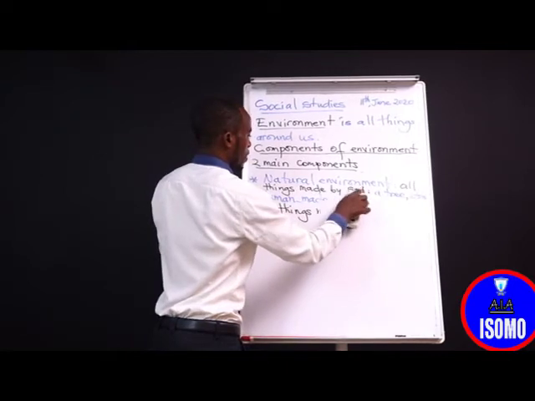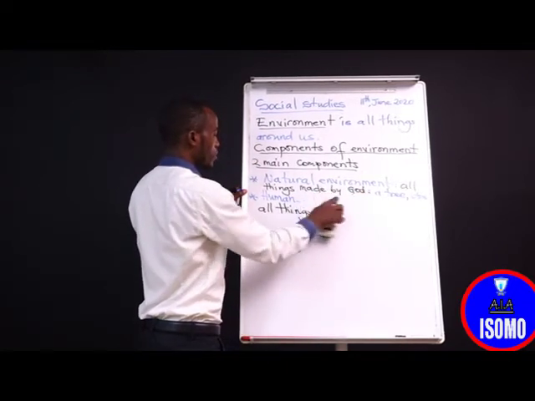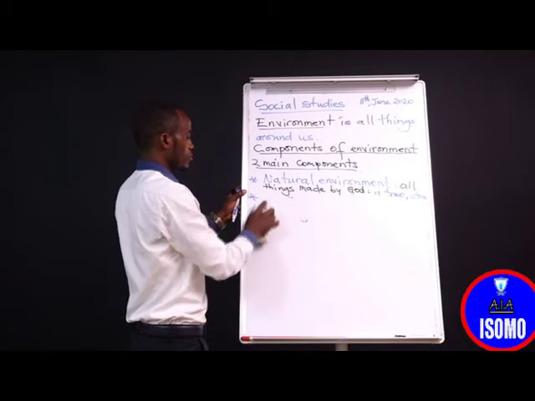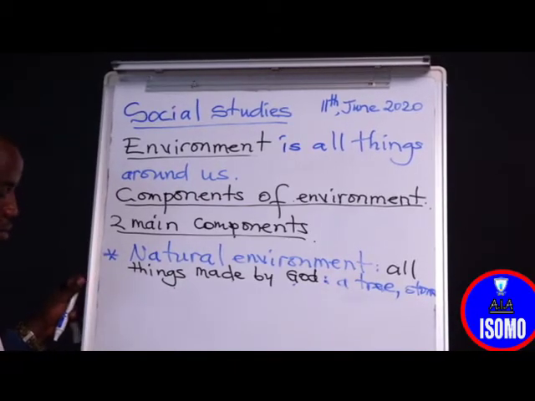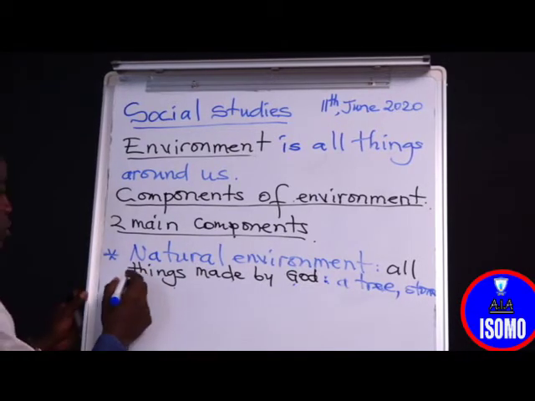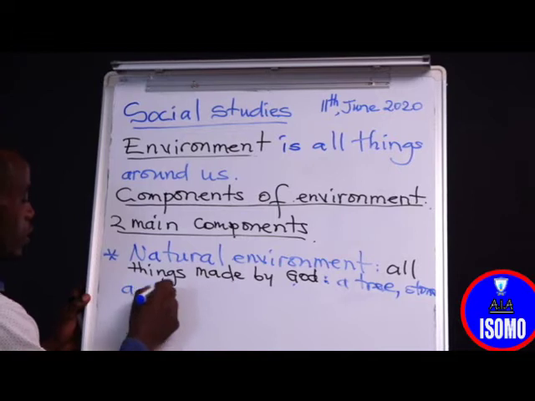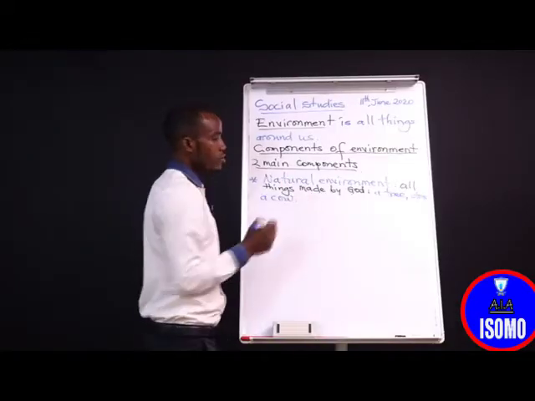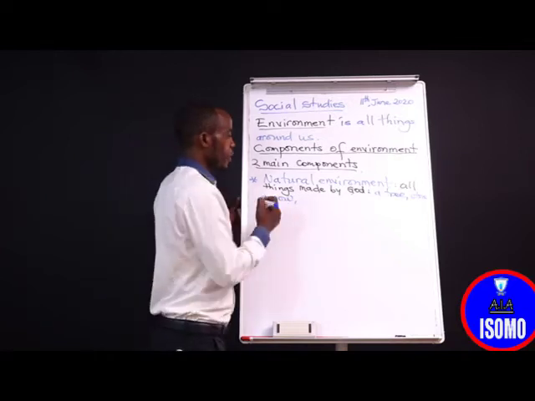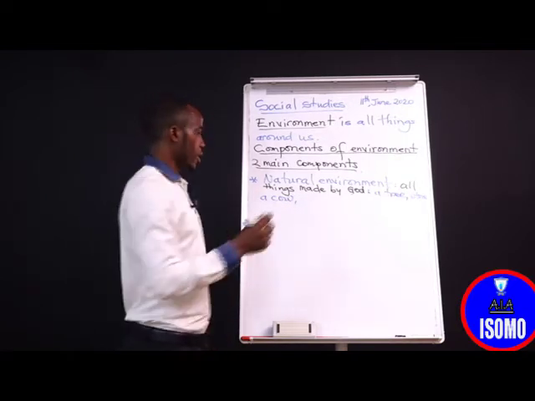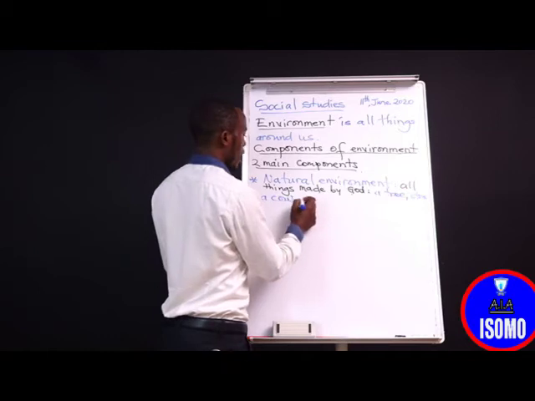Can you find other examples of those things made by God? Yes, Lemuel. A cow. A cow is among the things made by God. To mean, things made by God, they are all those things we have.